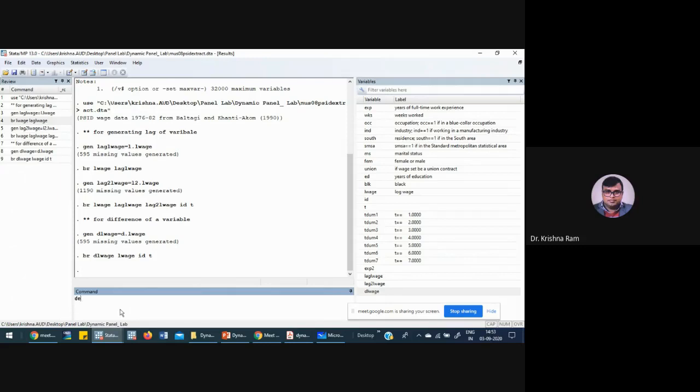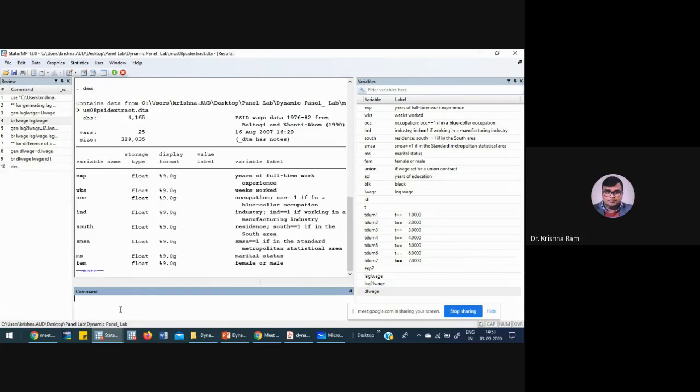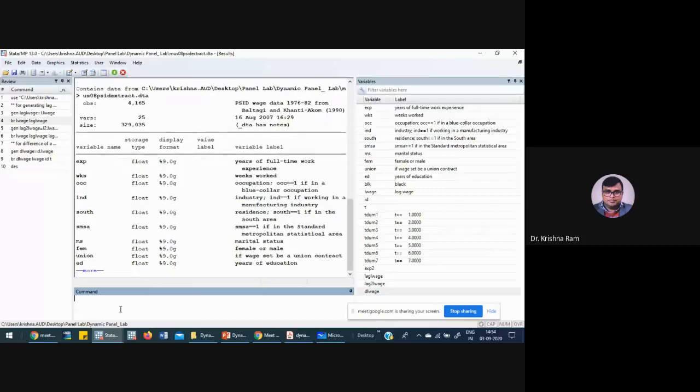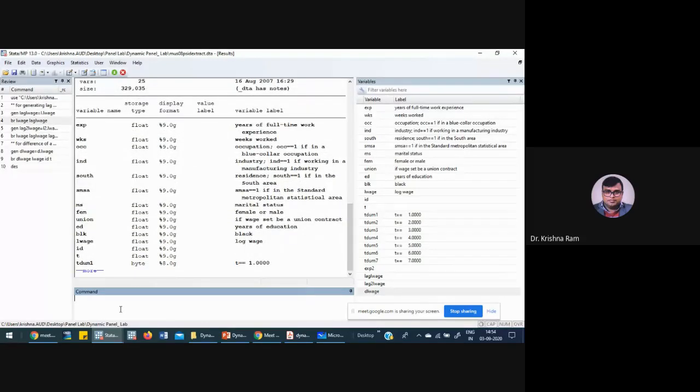If you go with the description of this data set, it contains information regarding experience, weeks worked, occupation, which is a dummy variable that takes the value 1 for blue collar occupation, then industry, again a dummy variable that takes the value 1 if the worker is working in a manufacturing industry, then residence, which is again a dummy variable.